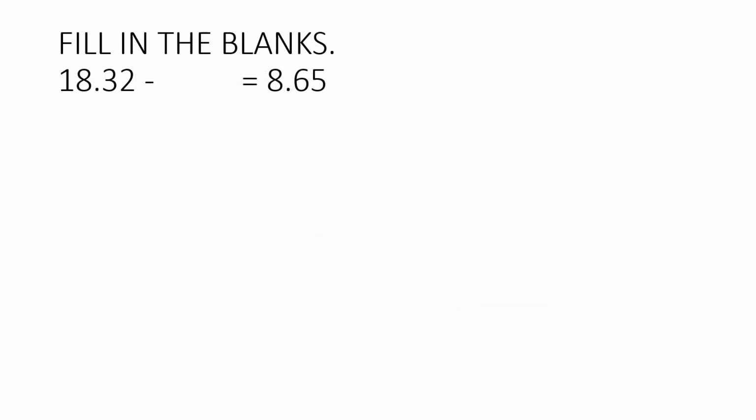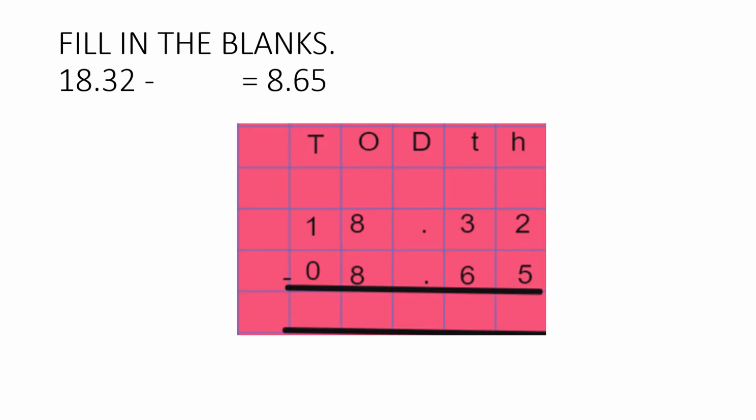Here is the sum 18.32 minus dash equals 8.65. So this number is bigger but this number is smaller. So what you will understand from this is that we will subtract 18.32 minus 8.65.